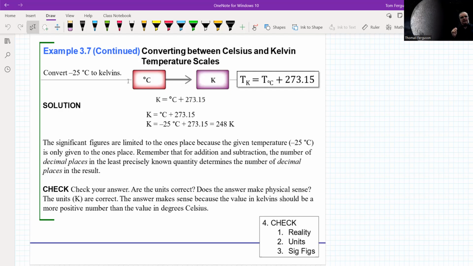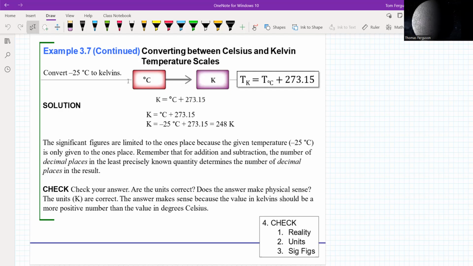Okay, so when we have no movement whatsoever, that would be 0 if we're using the right scale. And that right scale is called Kelvin, K. So Celsius is 273.15 degrees higher than the Kelvin scale.